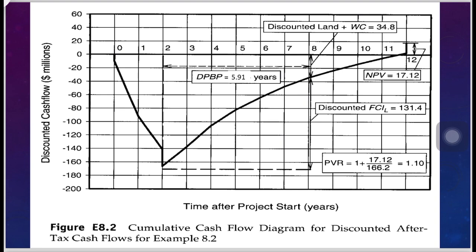But since we are considering 10 years of project life, or 8 to 10 years of project life, we still need to get the discounted cash flow and discounted criterion. Right?